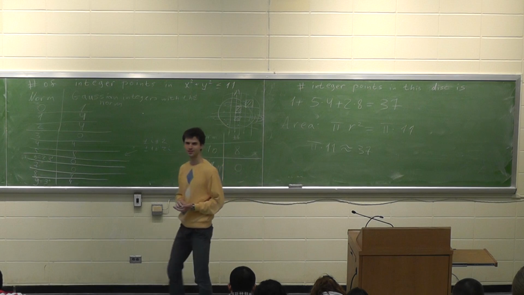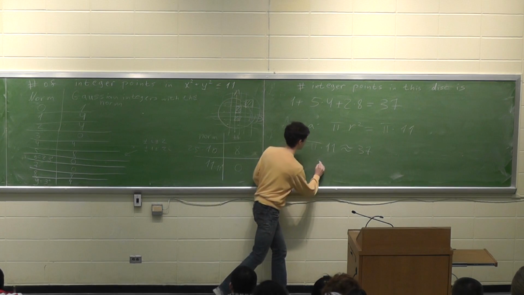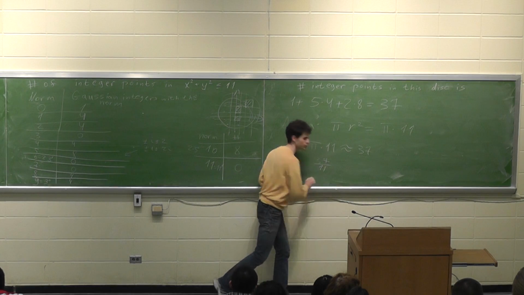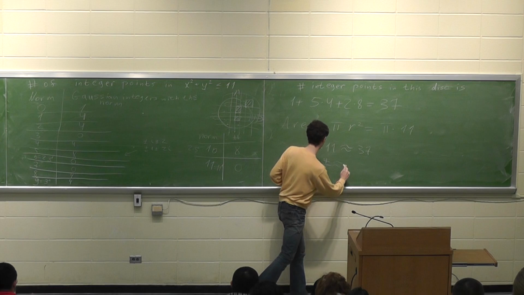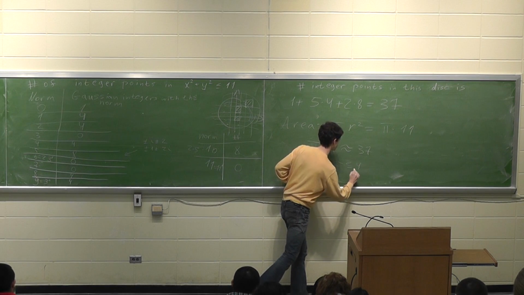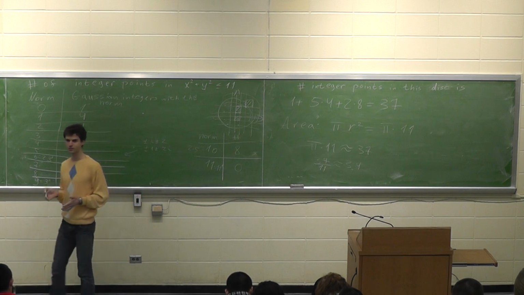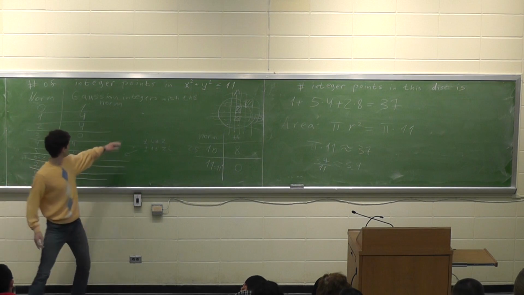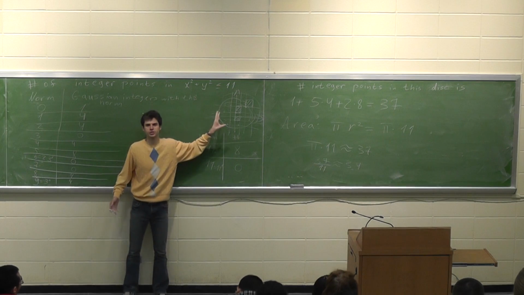Kind of funny thing. Of course, 37 over 11 is not really close to pi. It's 3.4, but it's also not that far away. So it's not really pi, but if you enlarge the radius, I mean, we took a very small circle.